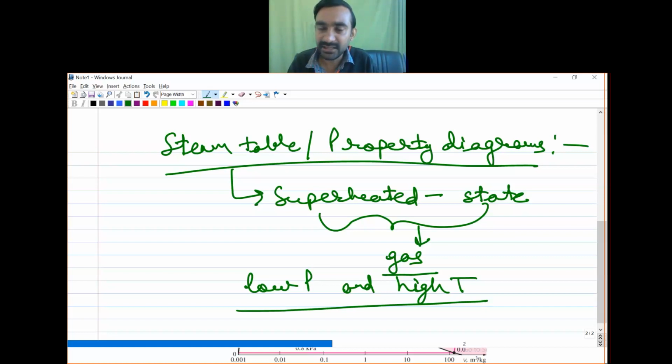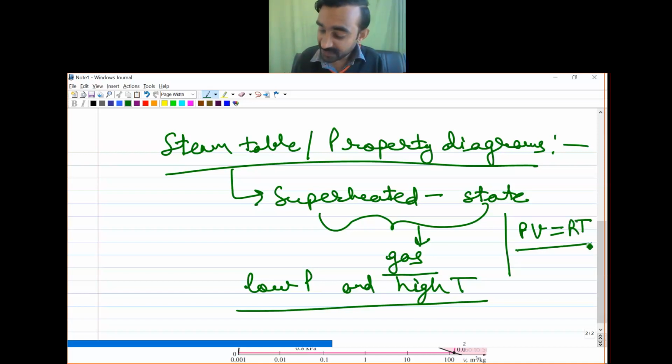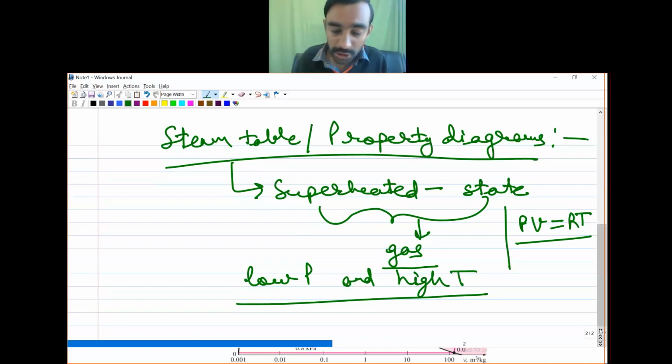In the ideal gas equation, the dependence will be on a single property, and that will be applicable in our steam tables also in this region. We will have a direct relationship between the properties of steam, as we had in the ideal gas equation.